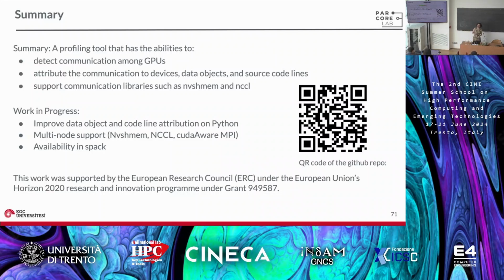We have started on that and made good progress. Multi-node enrichment, multi-node NCCL. We also support Python, but object attribution and source code line attribution is not that easy in Python because it generates levels of code in between, and going back to the original source code line can be tricky.